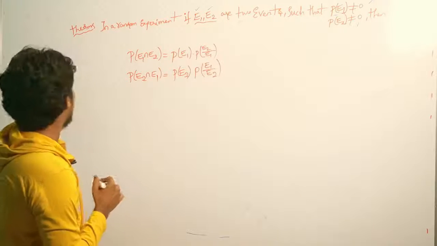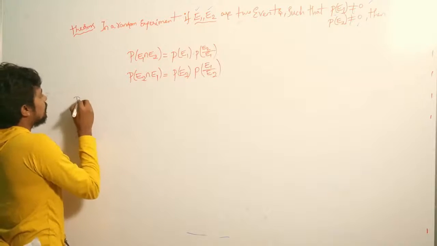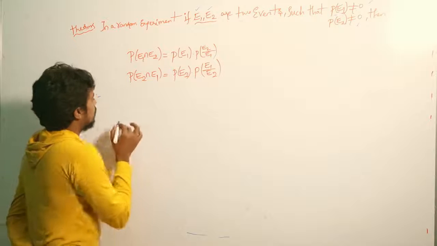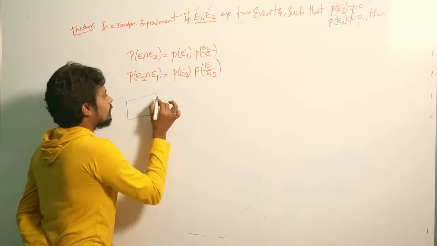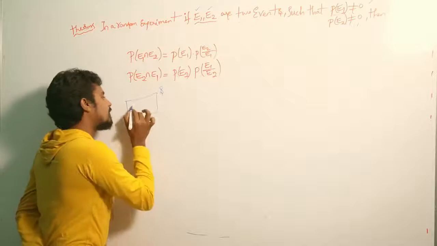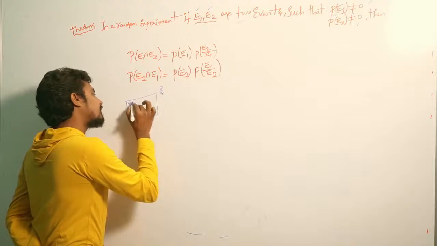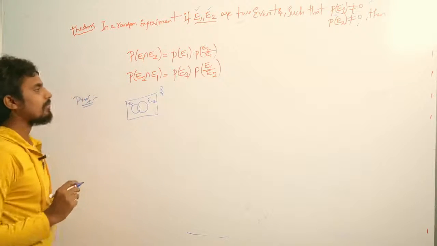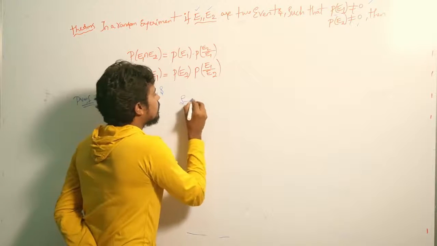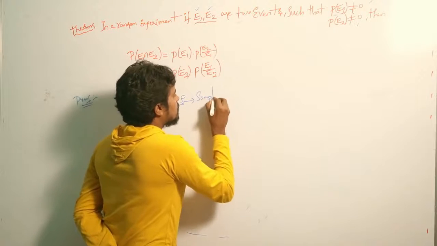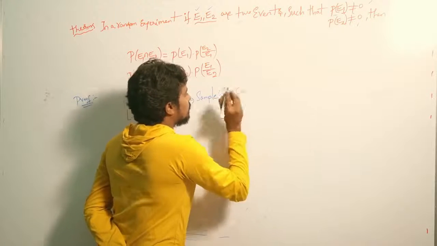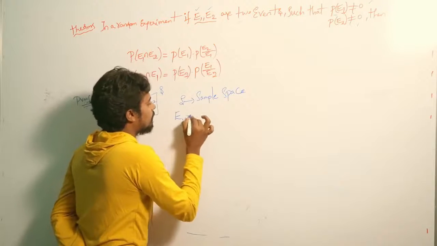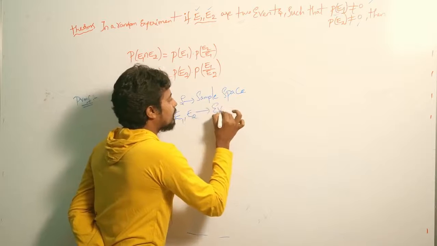Okay, let's solve this proof. If I take the Venn diagram point of view, this will be the sample space S, this will be the event E1, and this will be the event E2, where S is the sample space and E1, E2 are the events.